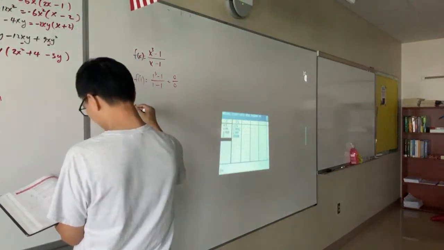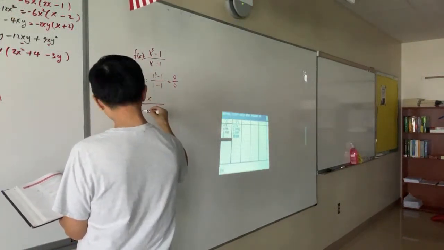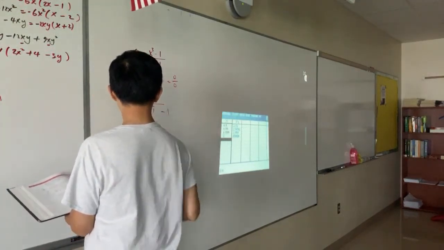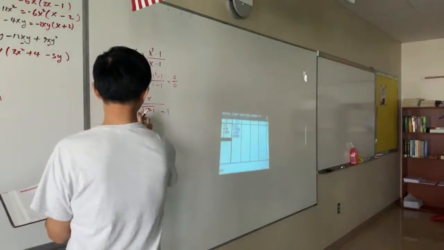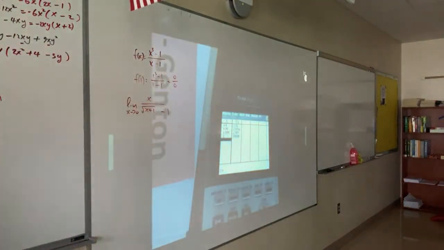The limit as x approaches 0 of x over the square root of x plus 1 minus 1. So you get close to 0 and see how far you can get there, and you see what happened. What is the value? Because if you type in 0, it should not come out.